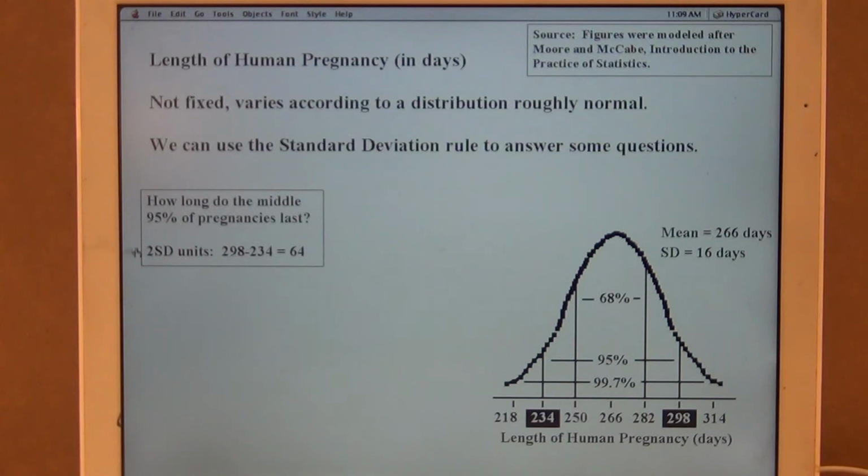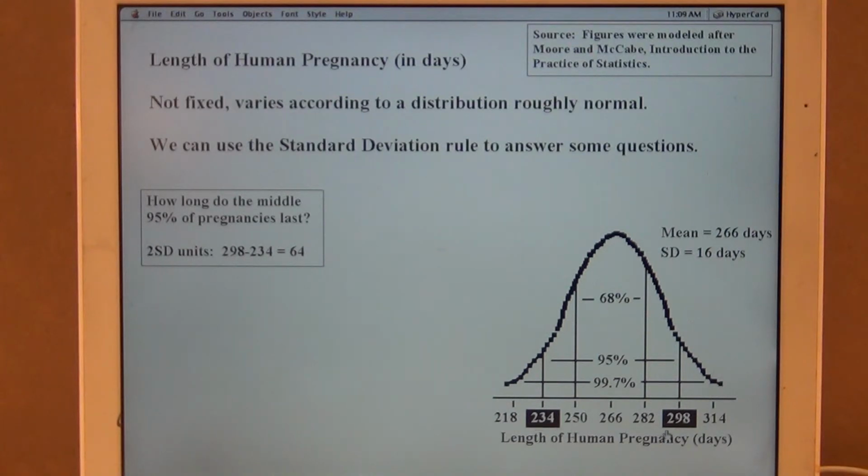How long do the middle 95% of pregnancies last? Well, if we look down here, we know that 95% of the data points will fall between +2 standard deviations and -2 standard deviations.